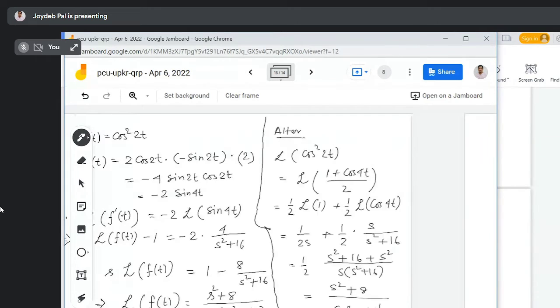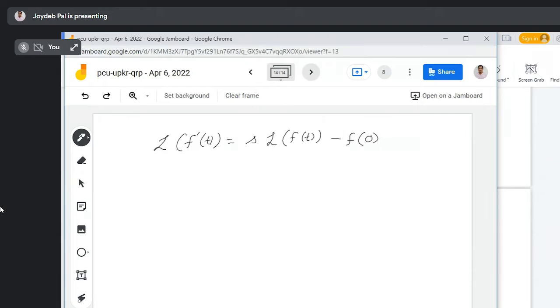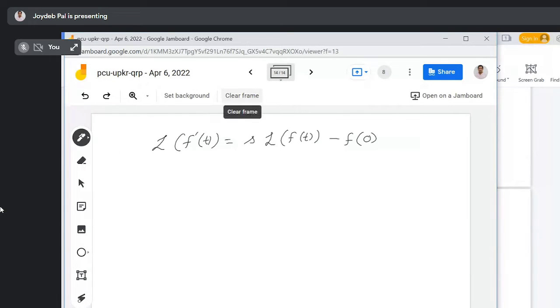Now you see, this 1 is f(0). Put t equal to 0 in f(t), then you get f(0). So what is f(0)? 1. Yes. Got it? Yes, sir. Okay.